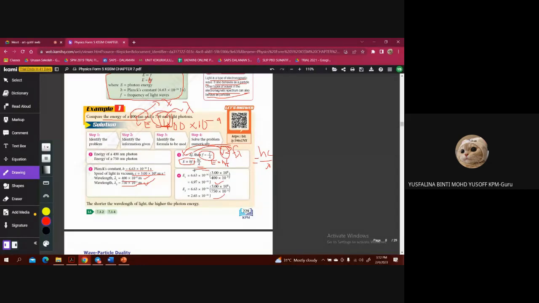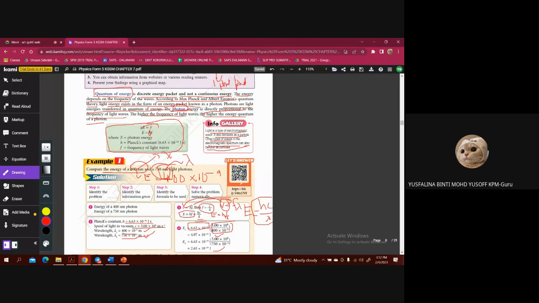So this is your h, this is your c over lambda. Teacher, if I want to just straight away remember this formula, can also. But the basic you also have to remember. Why can we not directly use E equals hf? Because the question doesn't give you the frequency, so we need to find another way to find the value of frequency.